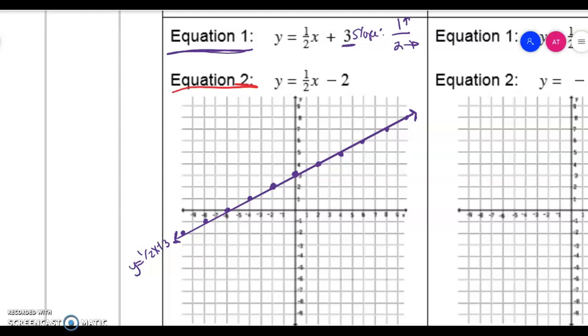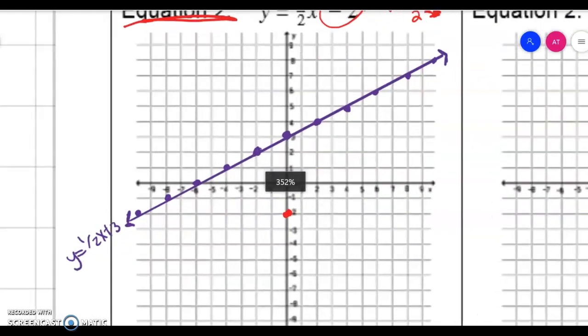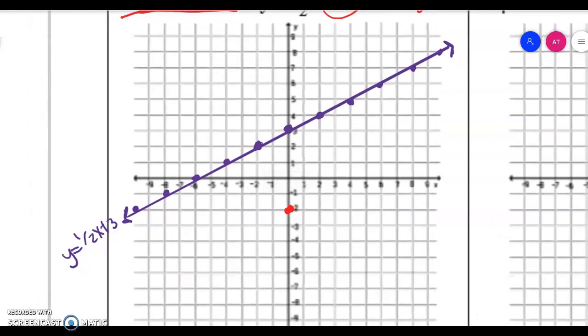For my second line, equation 2, my slope is also 1 over 2, so I need to go up 1 and over to the right 2. But my y-intercept starts at -2. So that means I need to go to -2 on the y-axis and put a dot. From there, again, I'm going to go up 1 and over 2 for this slope as well, since they're the same.